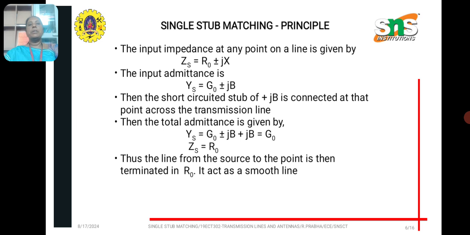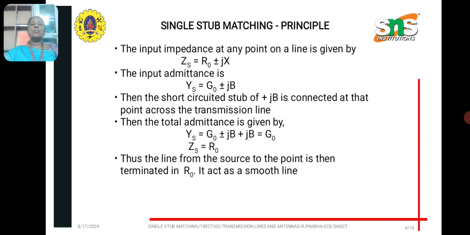The inverse of impedance is the admittance, Ys equal to G0 plus or minus jB. Because of paralleling the stub, it is always convenient to work with admittances, so we have converted the impedance value into an admittance value.